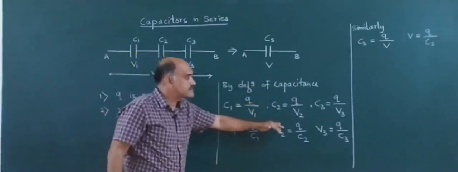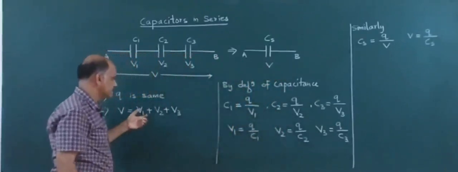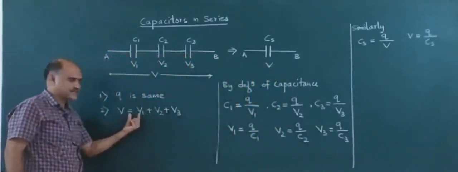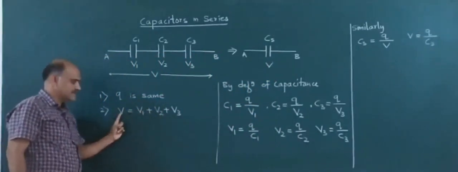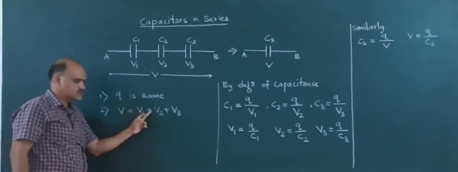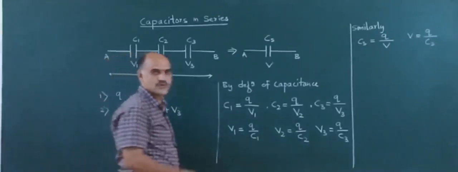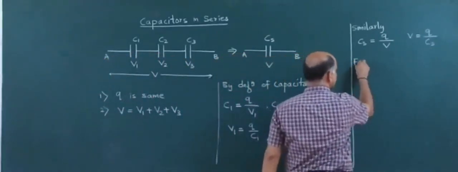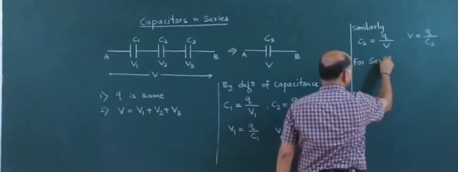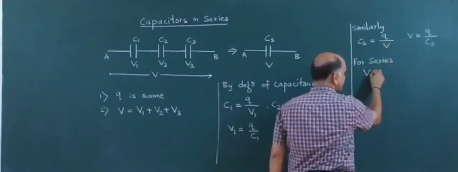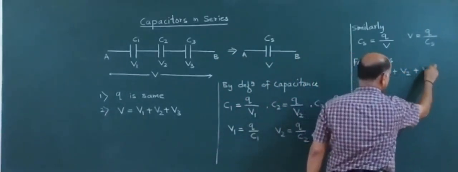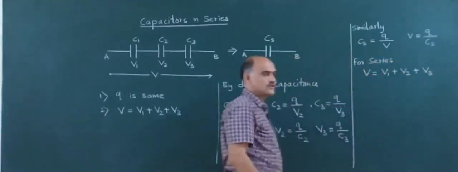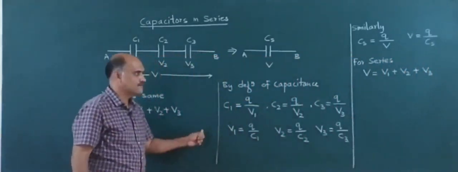Now I will substitute all these values for the condition when capacitors are in series. In series, the total potential is equal to the sum of individual potentials. So for series, V is equal to V1 plus V2 plus V3.